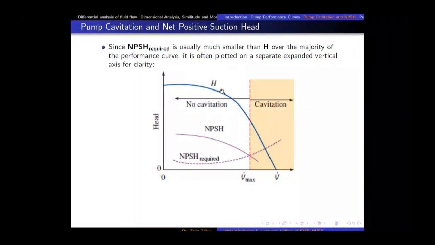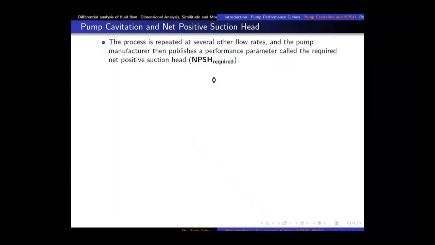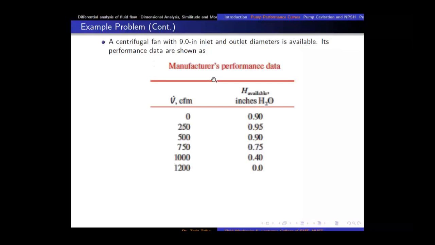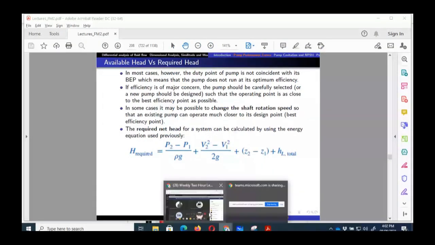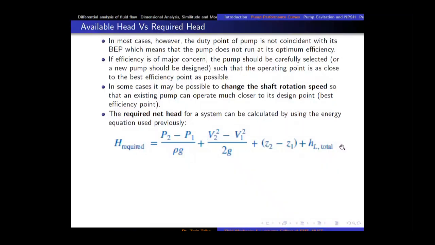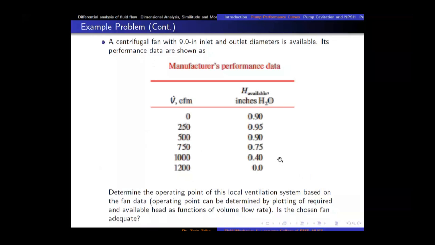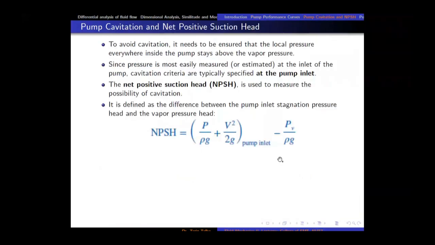If you go back to the head calculation, there is no mention of the vapor pressure of the fluid at a given temperature. But here in net positive suction head, we have got this minus term here, right?